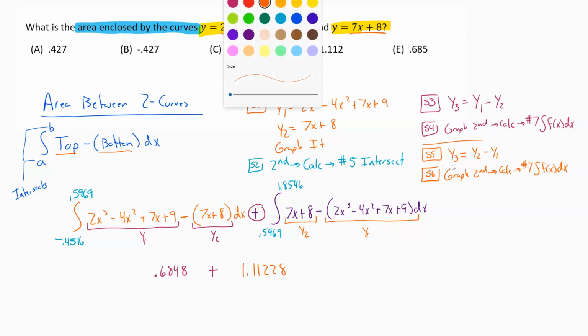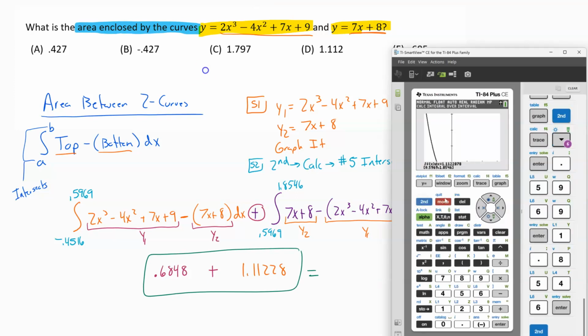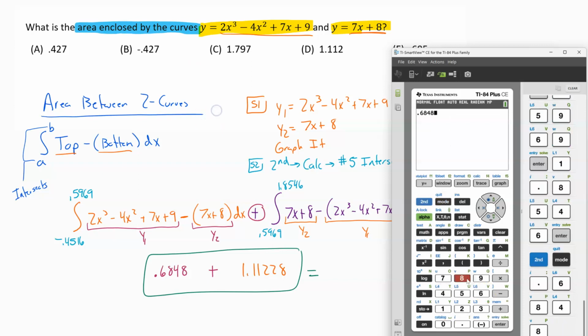To get our final answer, we now just need to add these two values together, and we'll be done. I go back to the normal part of my calculator and say 0.6848 plus 1.11228. I hit enter, and I get 1.797.